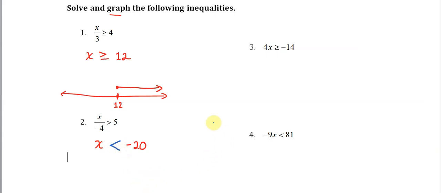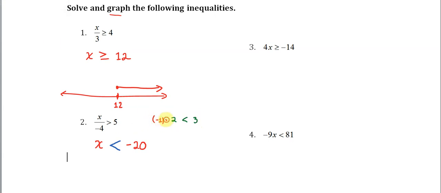And let me just show you a little bit about, on the side here, why that's true. Let me give you a rationalization. So suppose you had two numbers that we know for sure fit an inequality. So let's say you had the inequality 2 is less than 3. Now suppose we multiply both sides by negative 1.